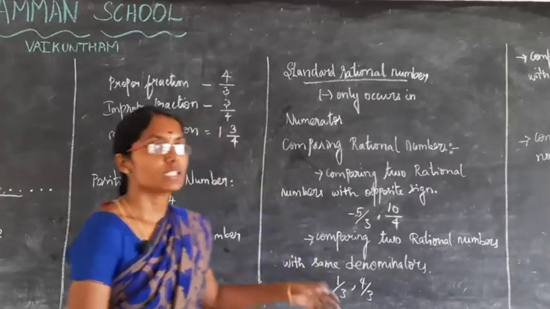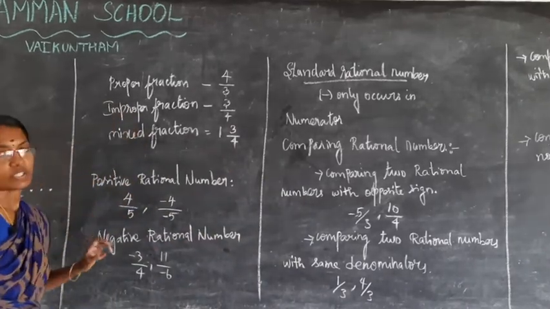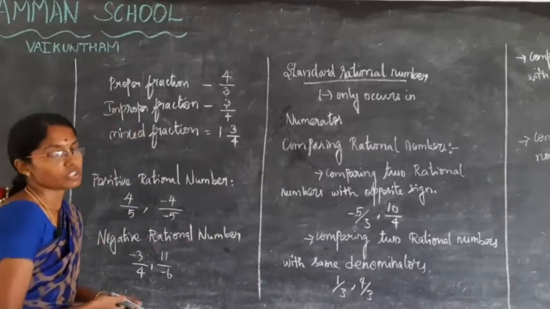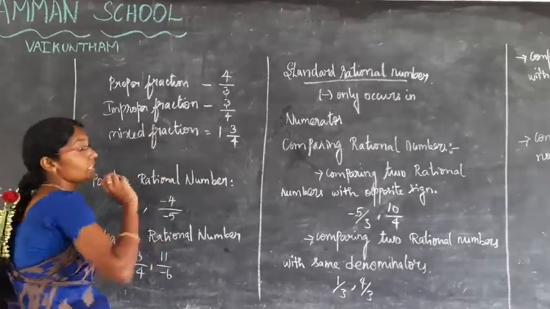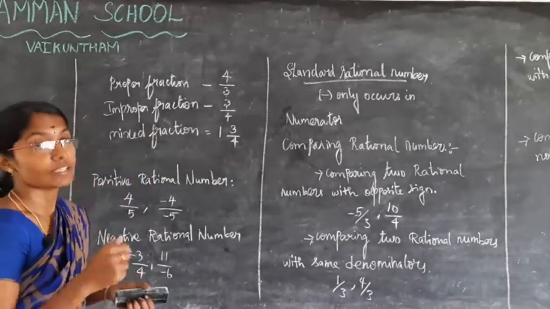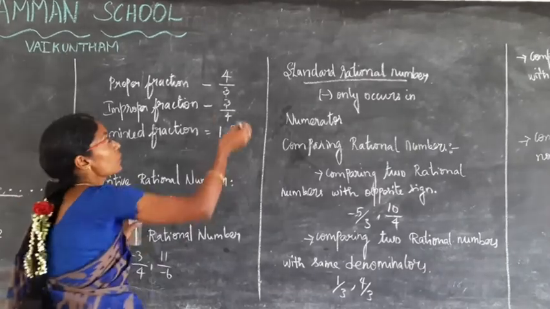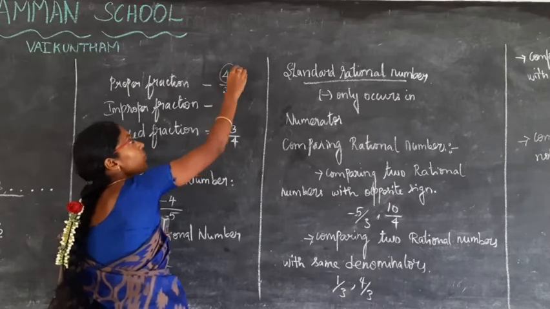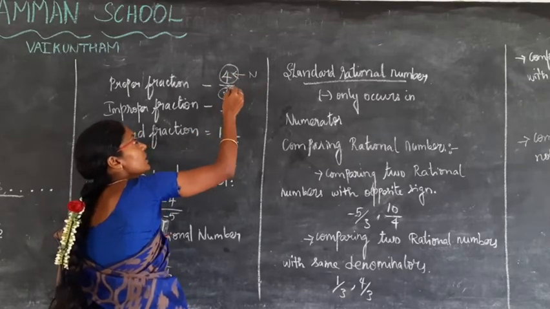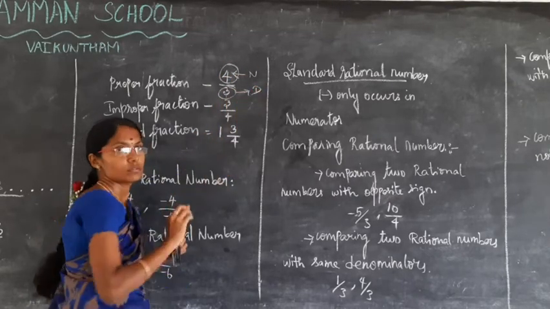Next we will discuss proper fraction. First you have to know which one is the numerator and which one is the denominator. The one at the top is the numerator, and the other is the denominator.